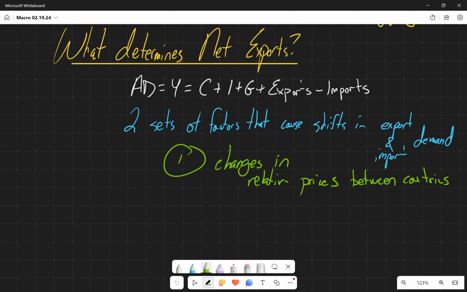And so this has to do not just with the exchange rate, but also with something called the purchasing power parity measure. So the purchasing power parity measure takes into account not just the exchange rate, but also the differences in prices.